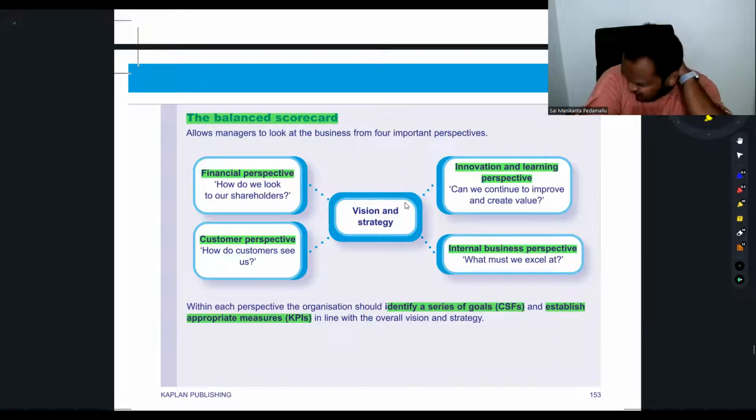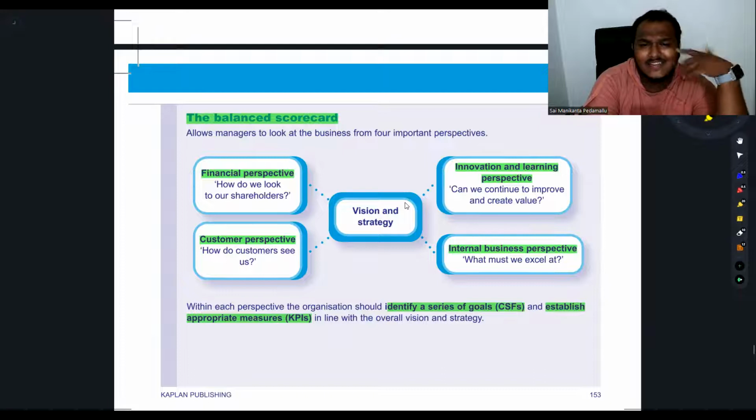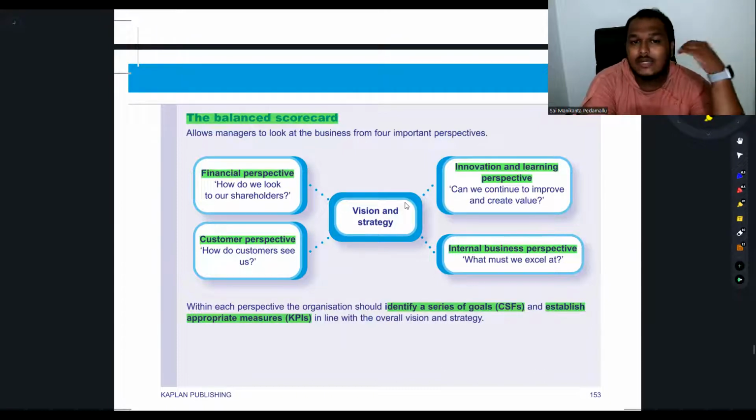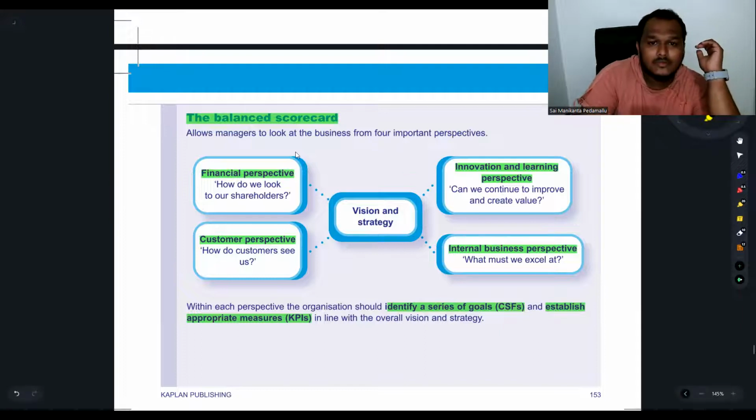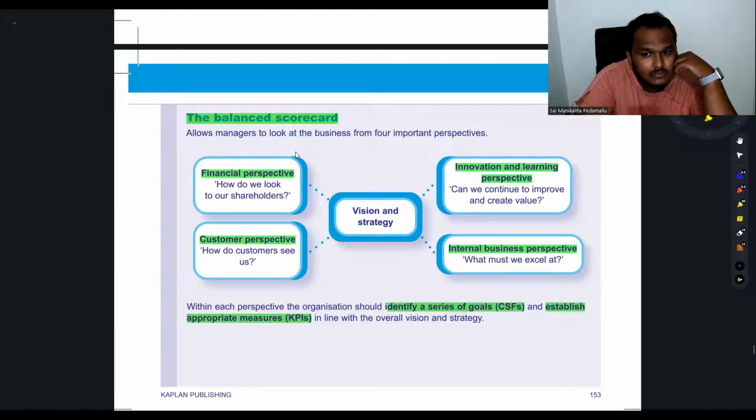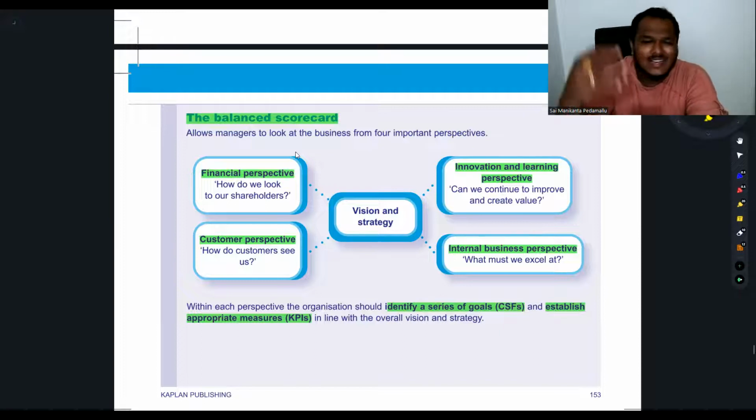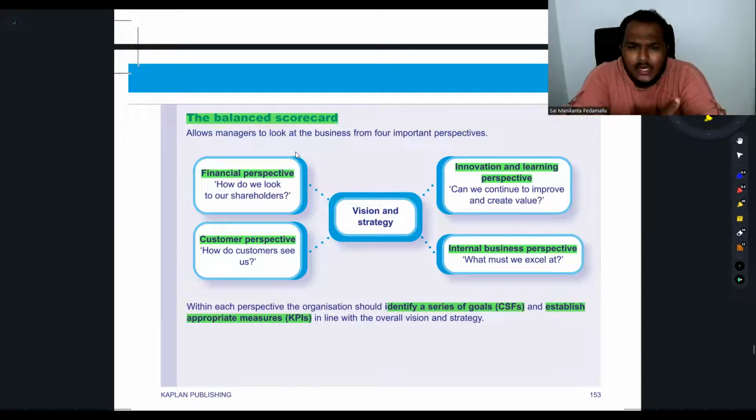What say, Vivek? Are you comfortable now or are you still confused? Like, sir, these are all I know, but then at the time of examination, that comes with practice. Yes. I was just thinking about the hours of training and development. Isn't it more of an innovation and learning perspective? Yes. See, it can be included in learning part of it, or it can be included in internal business.